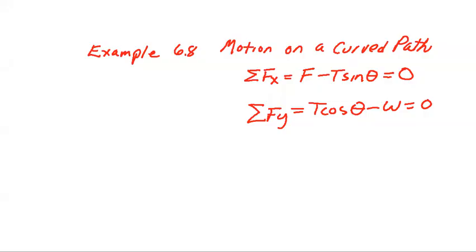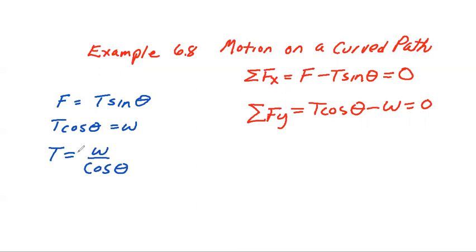Now solving for F, I'm going to get F equals T sine theta, and T cos theta equals W. So I'm going to solve for T now. T equals W over cos theta. Now I'm going to eliminate T and say F equals sine theta over cos theta times W, the weight.